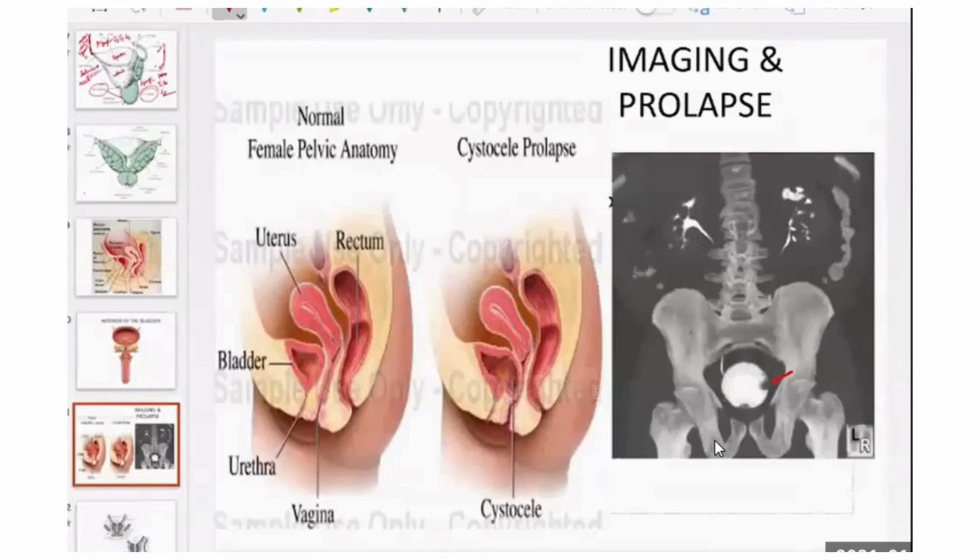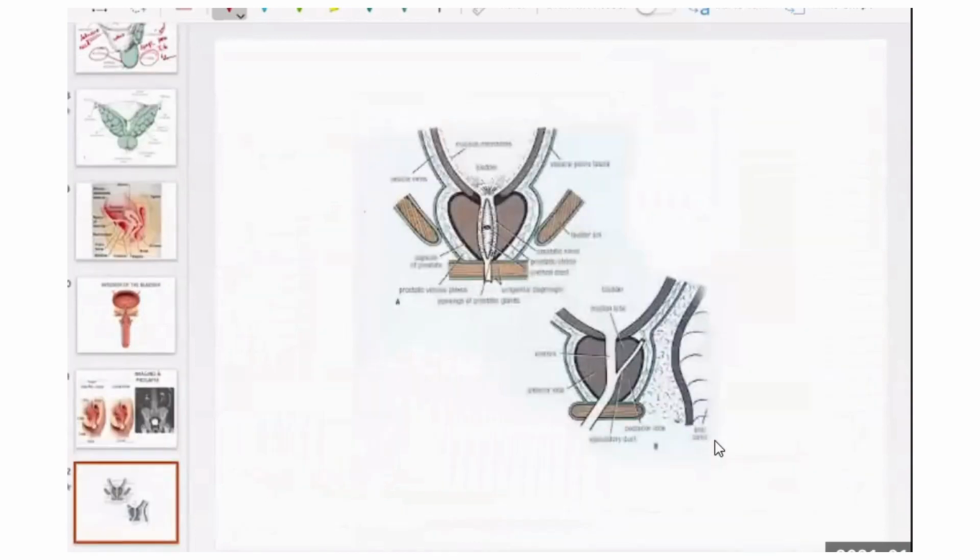What is the prostate? It is the male accessory sexual organ which encircles the neck of the urinary bladder.